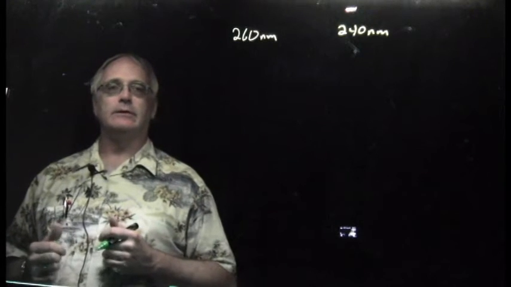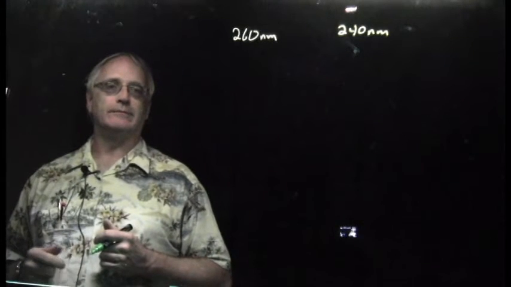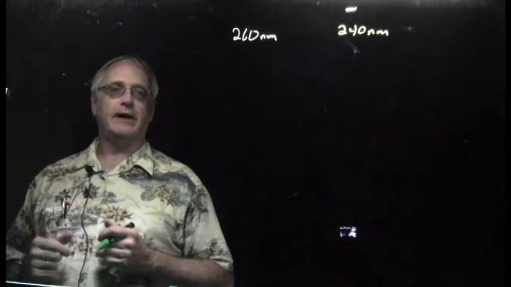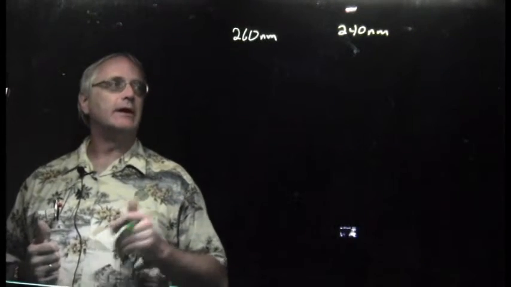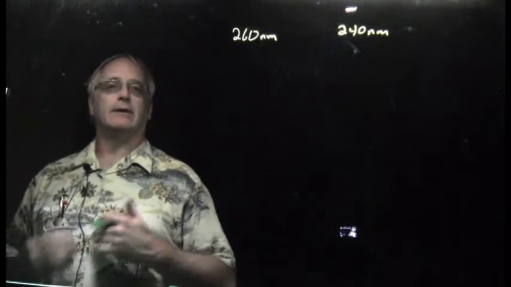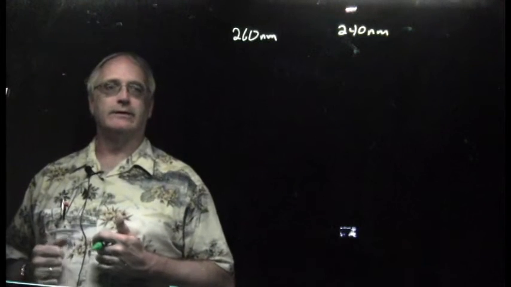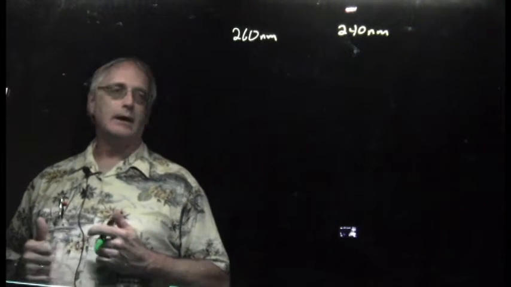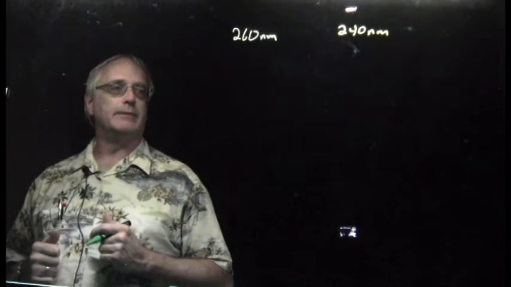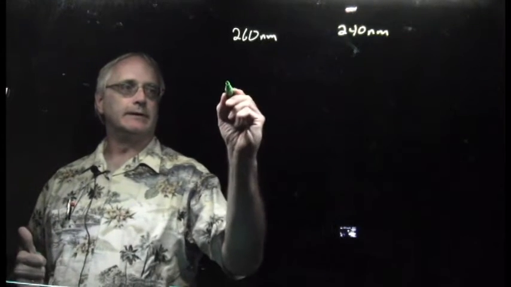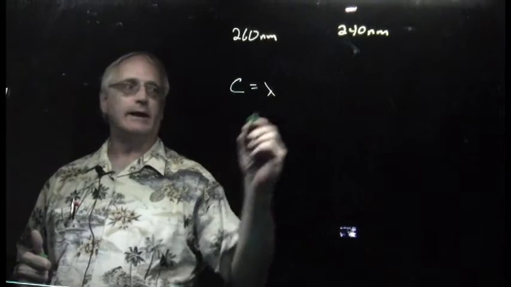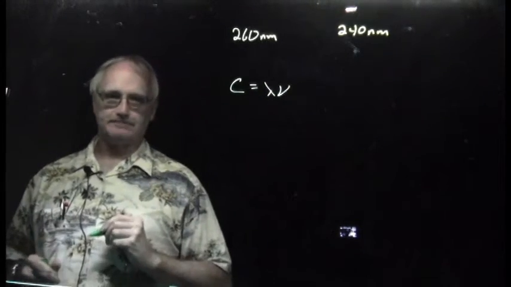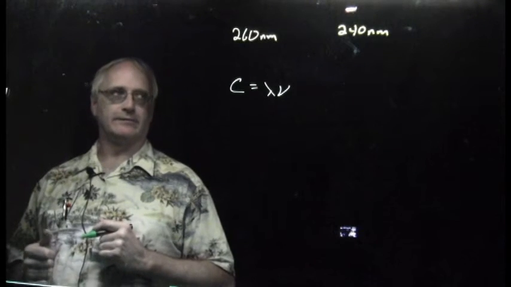Now I want to use some of the skills we've learned over the past several modules, including figuring out the frequencies associated with these wavelengths, when we talked about NMR and how it relates to the other forms of spectroscopy. I'm going to make use of our old friend, the speed of light equation, which relates wavelengths to frequencies, and turn these wavelengths into frequencies.